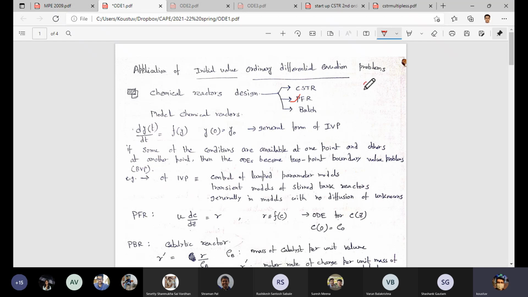And at the end we will look at the concept of stiffness. So stiff differential equations and their physical meaning, and how to go for solutions of stiff differential equations.